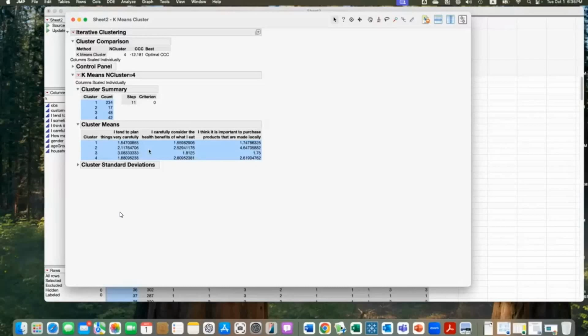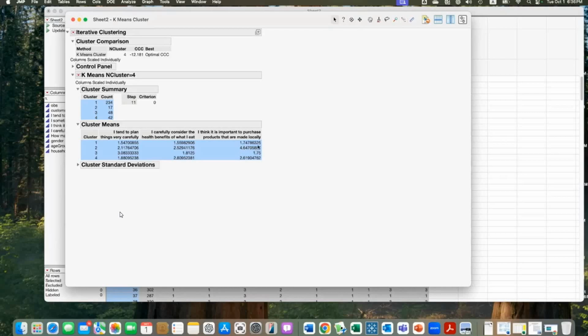But instead, if you are going to target customers who, for example, really like to eat local food, then you will probably look at this one, 4.64, which is a really high average. Given that the survey answers are from 1 to 5, for whether you think it's important to purchase products that are made locally, 1 is less likely and 5 is most likely, right?